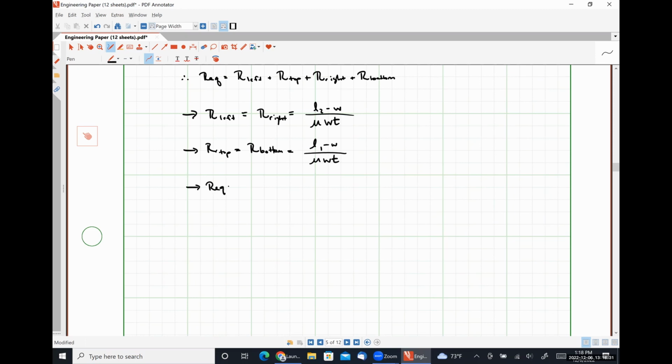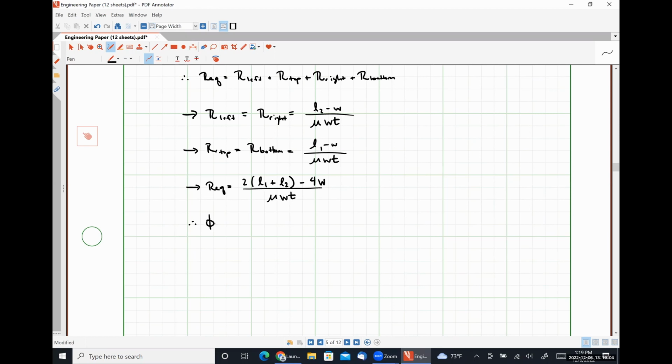Our equivalent reluctance will then be twice R left plus twice R top, which will come out to be twice L1 plus L2 minus 4W, all divided by mu WT.